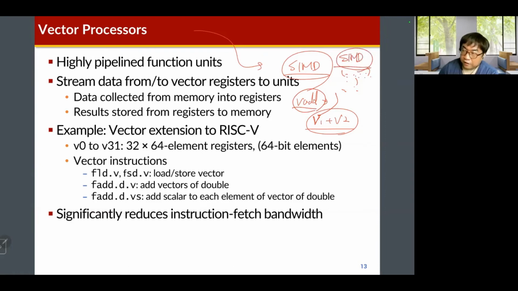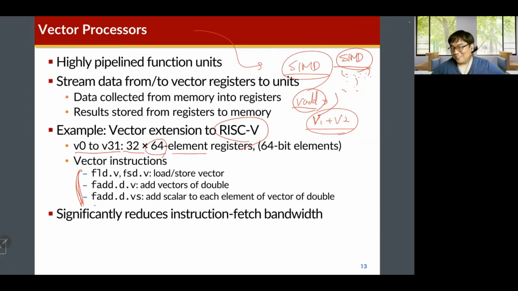Okay. RISC-V also supports vector type instructions, like the vector extensions of RISC-V. Also, in order to support the vector type instructions, RISC-V also includes vector type registers. Okay. So there are 32 registers, and each register can store 64 elements.